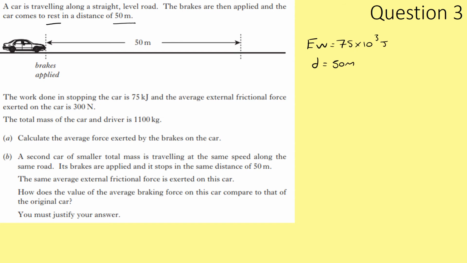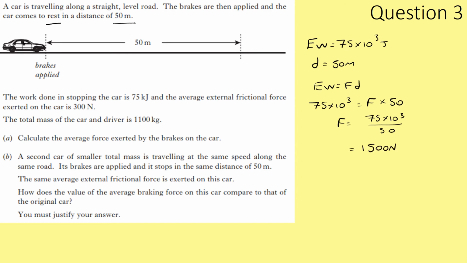We use our equation for work, EW is equal to FD. 75 times 10 to the 3 is equal to our force multiplied by 50. Therefore, our force is equal to 75 times 10 to the 3 divided by 50, which is 1500 newtons.